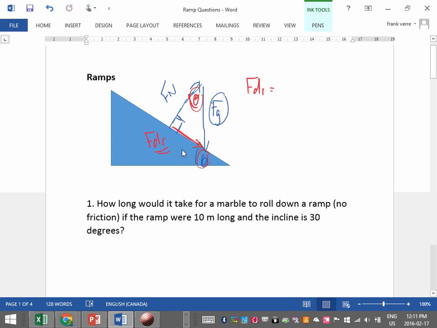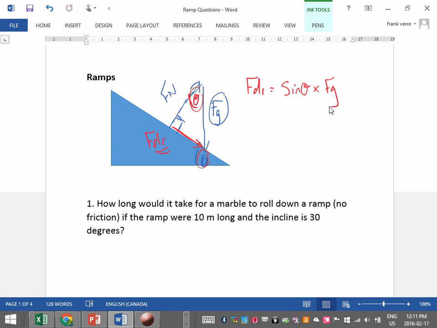Well, it's the opposite side. So it would be what? It's sine theta times the hypotenuse, which is my weight, or my force due to gravity. That's why you should see a sine function when you graph your results of angle versus acceleration.